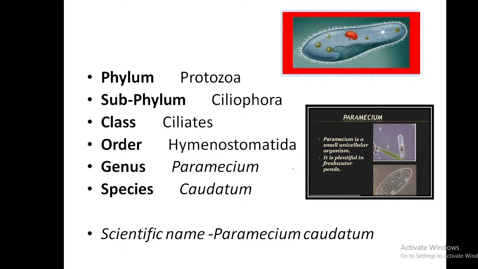Then the systematic position is they come under kingdom Protista, phylum Protozoa, subphylum Ciliophora, class Ciliates, order Hymenostomatida, genus Paramecium, and the species is, this is small c, caudatum.